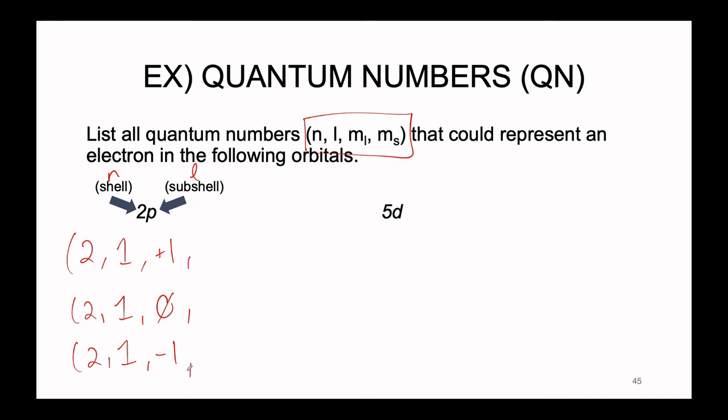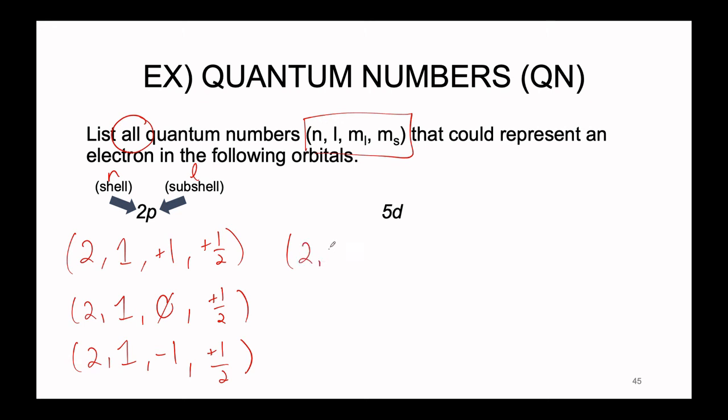Similarly, if you don't know exactly which electron you're referring to and we want to know what all of the valid combinations are, your electron could be the +1/2 electron. It could be spin up in each of these cases, or it could be spin down. Now, if it's spin down, we could write out 3 separate sets of orbitals.